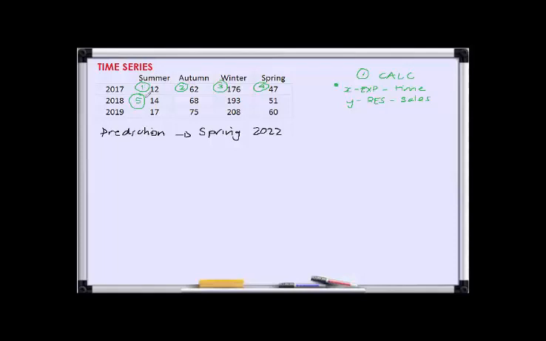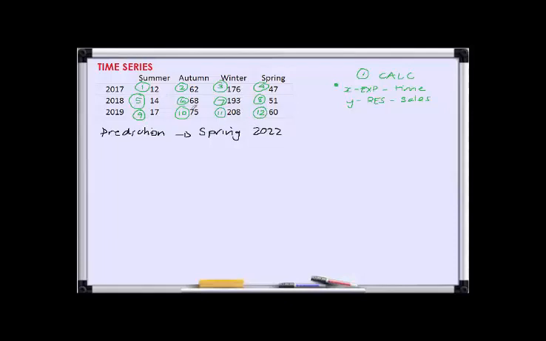We follow through, so the next season, or the next week, or the next day has the next number for time. And so therefore it'll follow that autumn is season 6, winter is season 7, spring is season 8, summer of 2019 is season 9, autumn 2019 is season 10, winter of 2019 is season 11, and spring of 2019 is season 12.